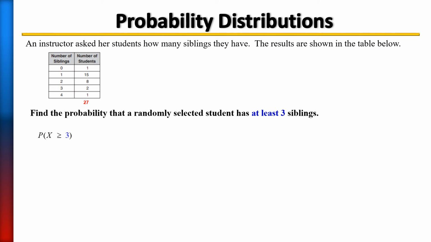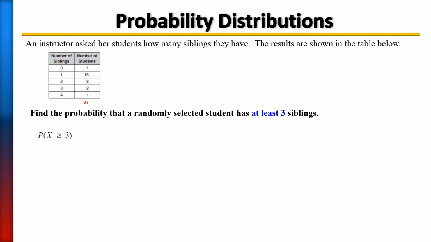Now notice here our random variable x goes from 0 to 4, so greater than or equal to 3 would include those people who have 3 siblings as well as 4 siblings.